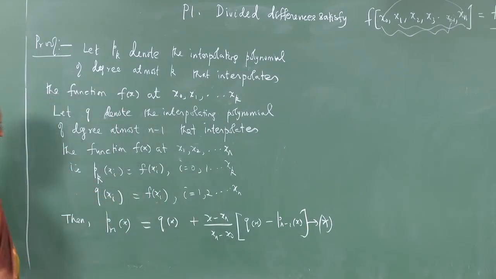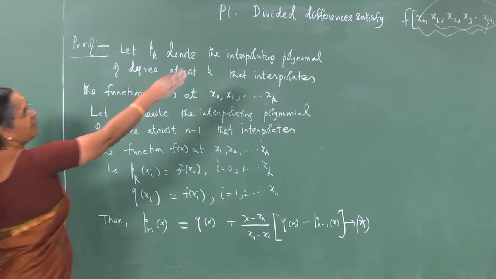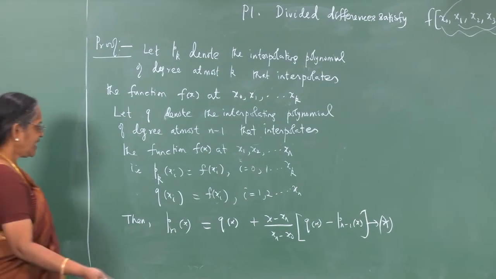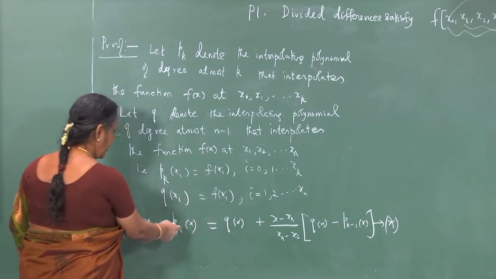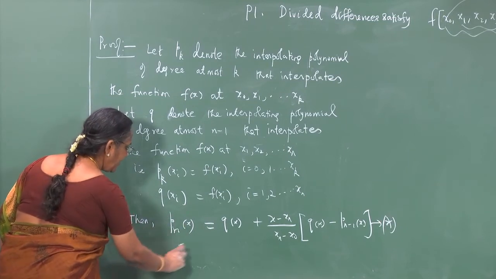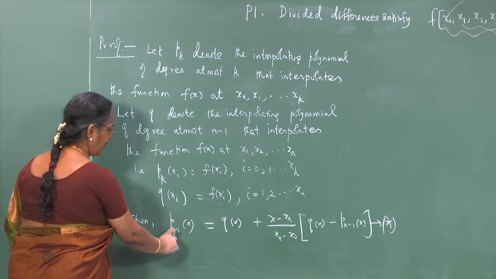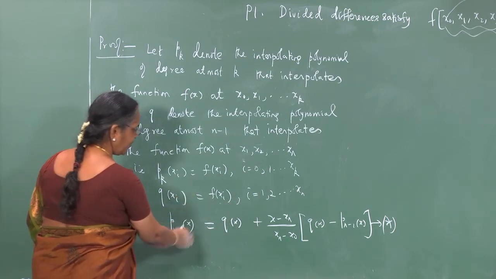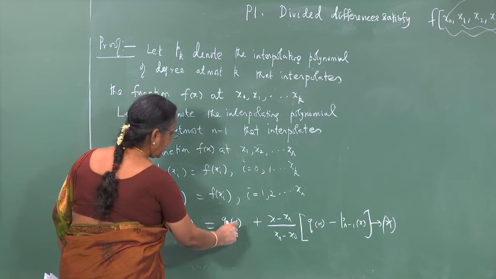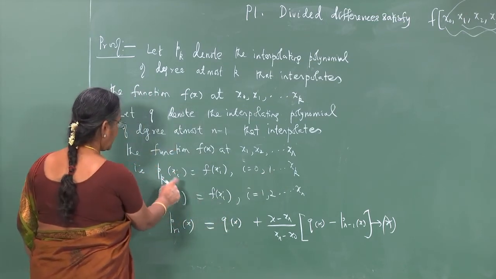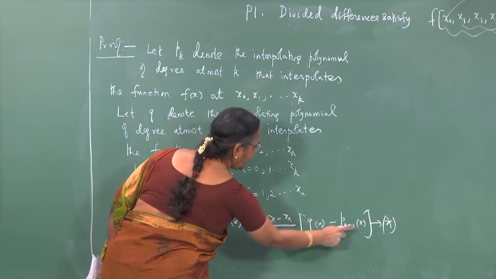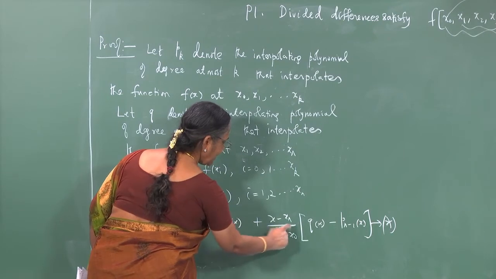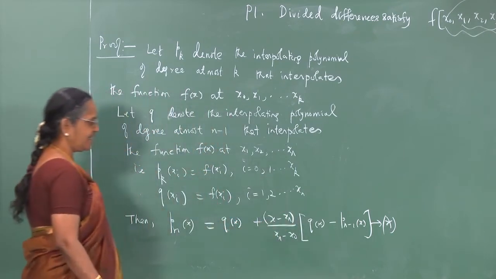We first show this result, and from here we deduce the property of the divided differences. What is it that we want to show? We want to show that a polynomial of degree at most n that interpolates the function at n plus 1 points can be given in terms of this polynomial q and a polynomial of degree n minus 1, and the term that is added to it has as a factor x minus xn in it.